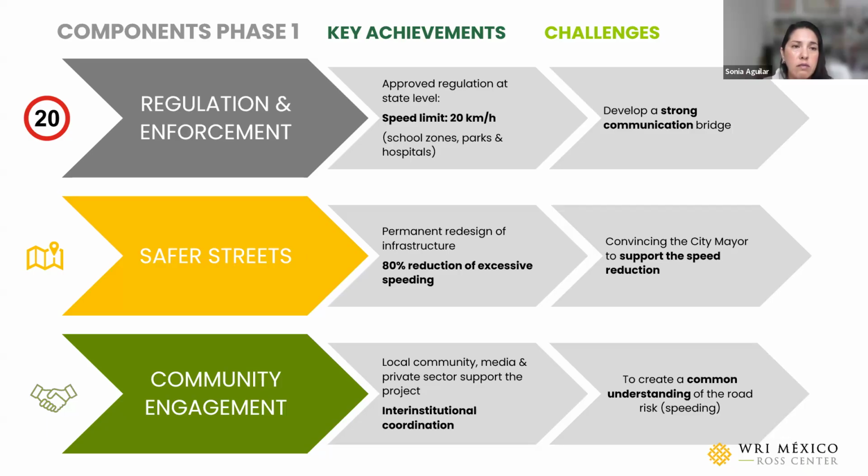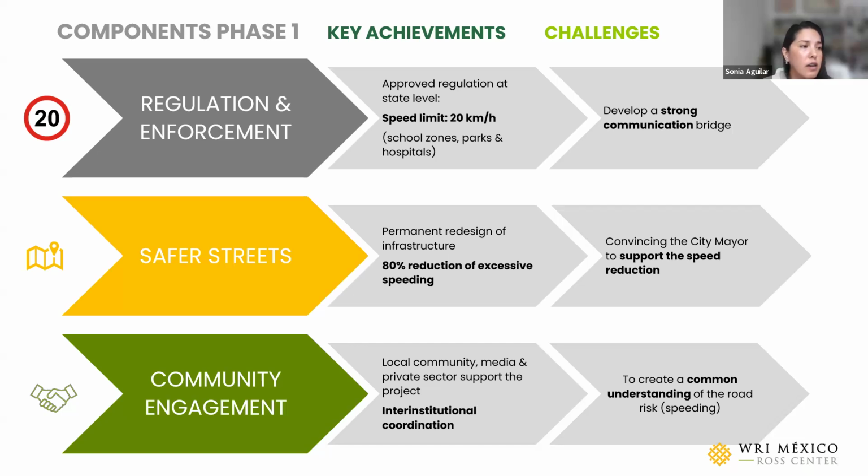Starting with regulation and enforcement, in this part we made a lot of efforts with the state government, which was responsible for regulating the speed limit. So they published this new regulation and approved a dedicated speed limit, defined at 20 kilometers per hour around school environments and other urban equipment such as parks and hospitals.